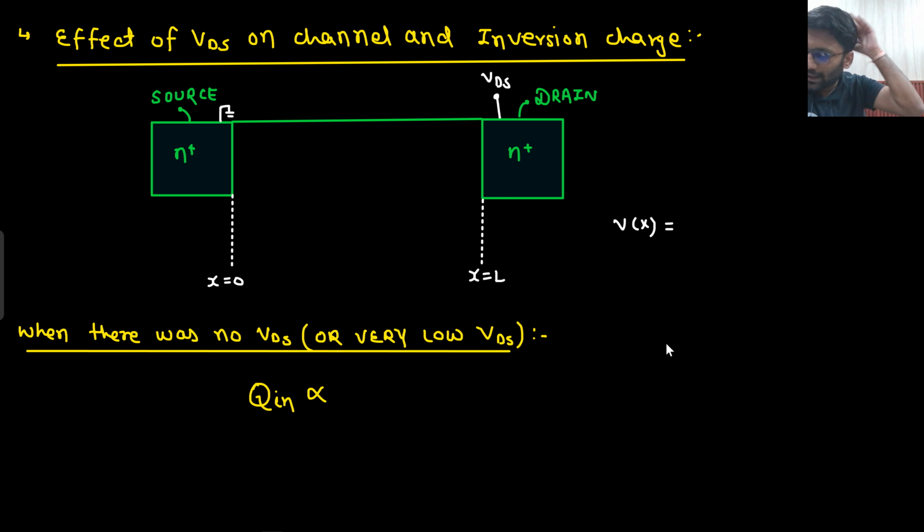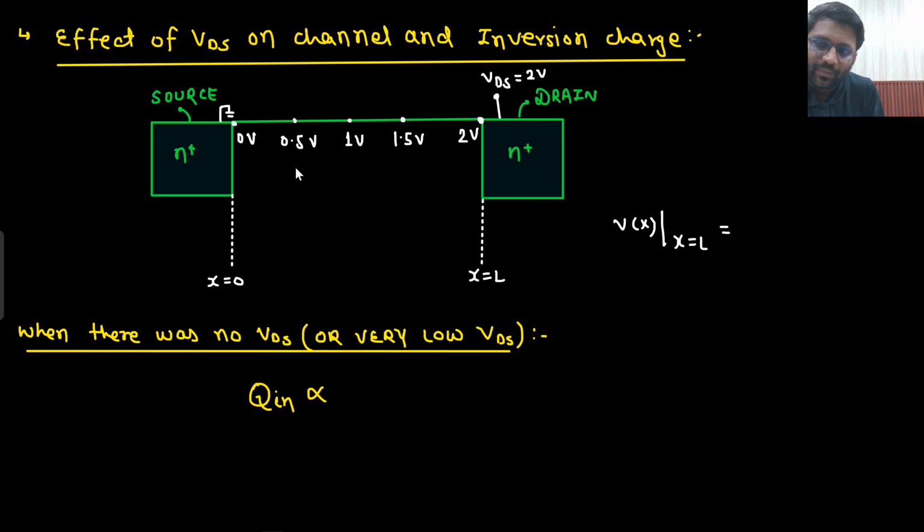Okay. So how it will talk about? Like how I can say the value of Vx at x equals to L. The value of Vx at x equals to L, like here, let's just say if VDS is 2 volt. So this point will be 2 volt. Now you know that somewhere this point will be 1.5 volt, and somewhere this point will be 1 volt, and somewhere this point will be 0.5 volt, and somewhere this point will be 0 volt. So the whole channel will be distributed from 2 volt to 0 volt.